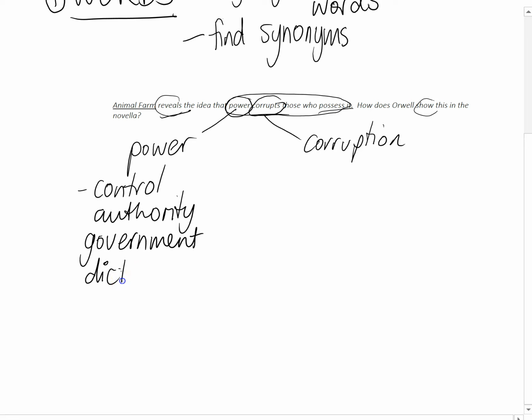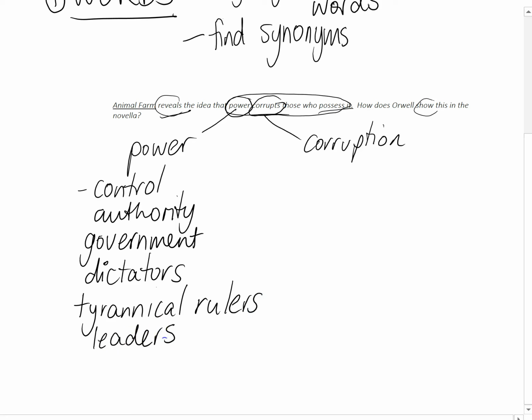We might talk about dictators, might talk about tyrannical rulers. These are people who possess power. Okay, leaders. We could also talk about, or might use the word, totalitarian authorities.